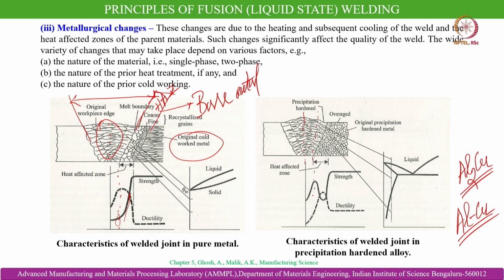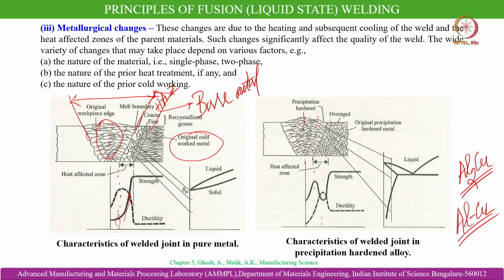Then again the strength dips at the heat affected zone, which has an over-aged microstructure, because it is a precipitation hardenable alloy. The precipitates already present in the workpiece material experience coarsening because of the prolonged exposure to the heat generated by the welding heat source.